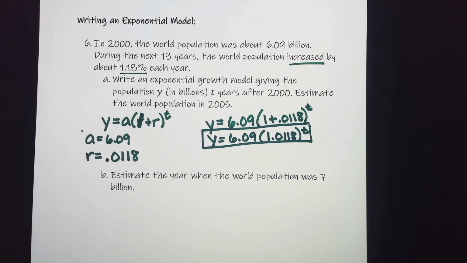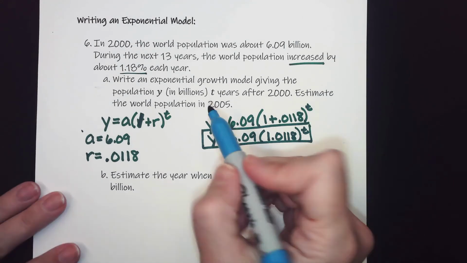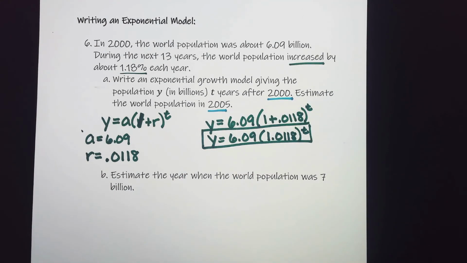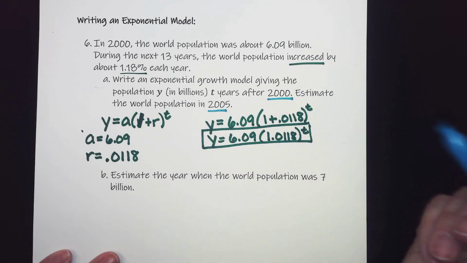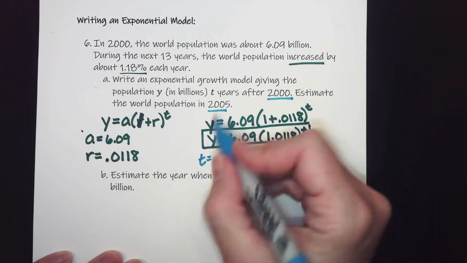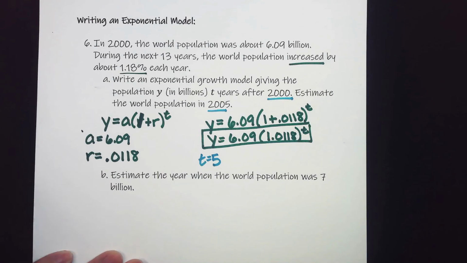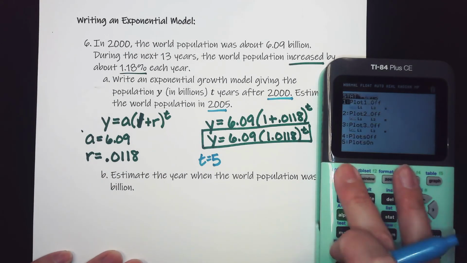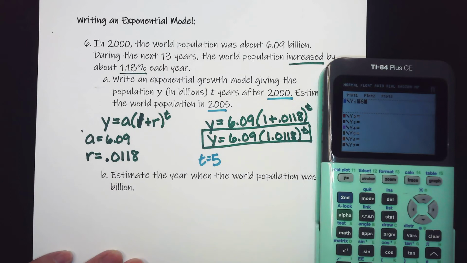This wants me to find out what the population is in 2005. Now remember, we started in 2000, so our time here increased by 5 years. So I want to know what y is when t is 5. Again, I'm going to go to the calculator and type in this equation: 6.09 times 1.0118 to the x power.